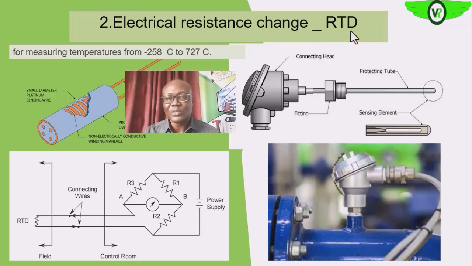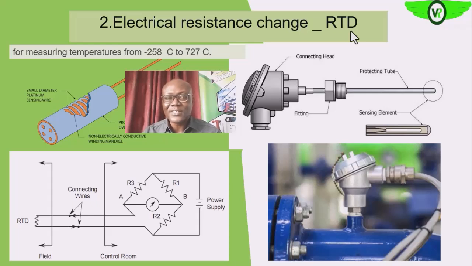So what you should put at the back of your mind now is that the RTD, or resistance temperature detector, uses a sensing element whose resistance changes with changing temperature. Are we getting it? As the temperature is changing, the resistance is changing.